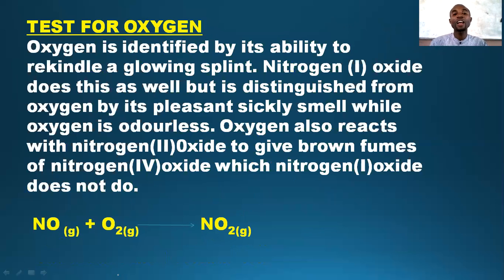Okay, how can we test for oxygen? Before we wrap up this particular class, how can we test for oxygen in the lab or anywhere? Oxygen is identified by its ability to rekindle a glowing splint. Now, nitrogen 1 oxide does this as well, but it is distinguished from oxygen by its pleasant sickly smell, while oxygen is odorless.